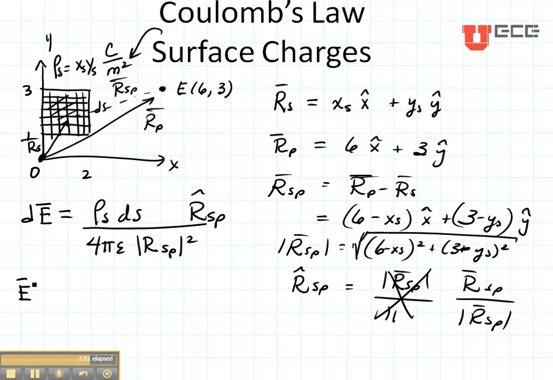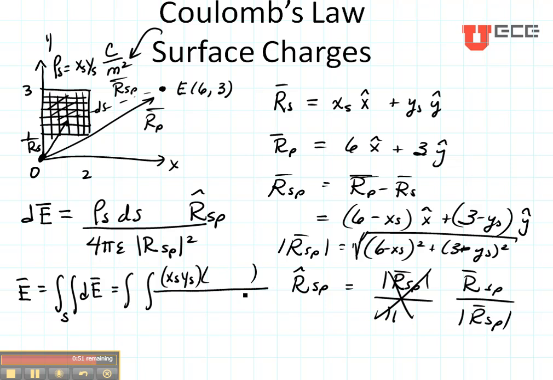So the electric field is going to be the surface integral of dE, and that's going to be the surface integral of our rho s, which is xs ys, our ds, let me handle that in just a minute, divided by 4 pi epsilon naught, magnitude of rsp squared, and this unit vector rsp.